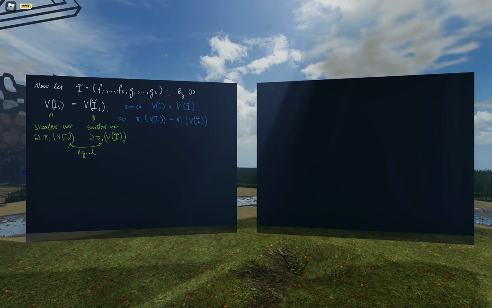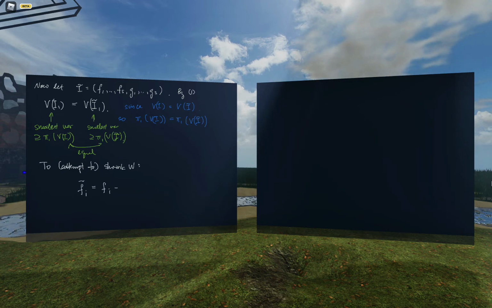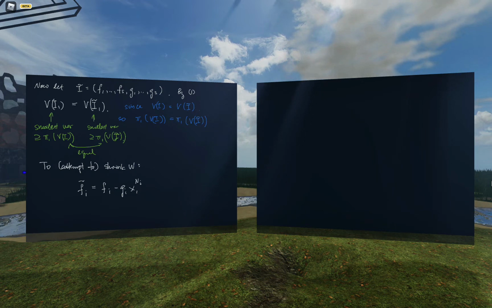So this is the key trick in the proof, to attempt to shrink W. I say attempt because it doesn't always work. What we do is define F_i tilde to be F_i minus G_i x1 and I, where G_i x1 and I are from the extension theorem, and we just knock off this term.